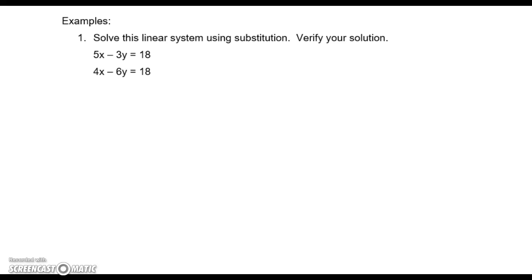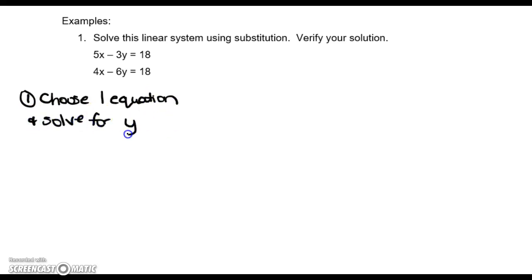Our first step is that we're going to choose one equation and solve for y. For these types of examples, there's really no preference of which one you choose.